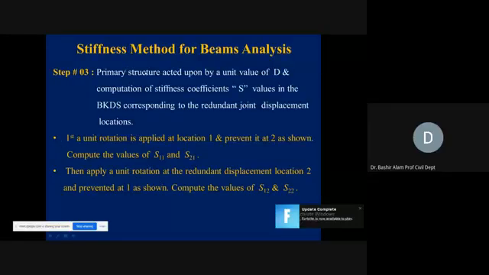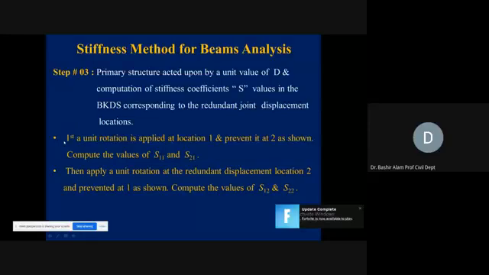So here now the basic kinematic determinate structure or restraint structure is acted upon by a unit value of displacement. And computation of stiffness coefficient matrix S values in the basic kinematic determinate structure corresponding to the redundant joint displacement locations. So what we do now, our problem is now a 2 degrees indeterminate problem. So we will be applying turn by turn displacement.